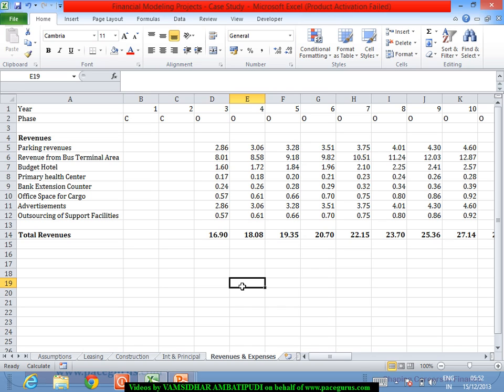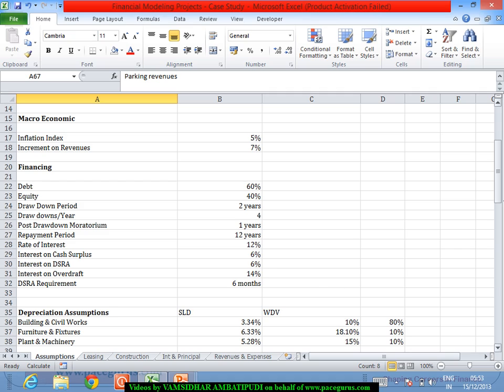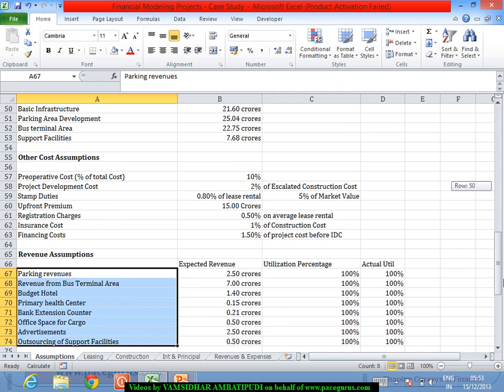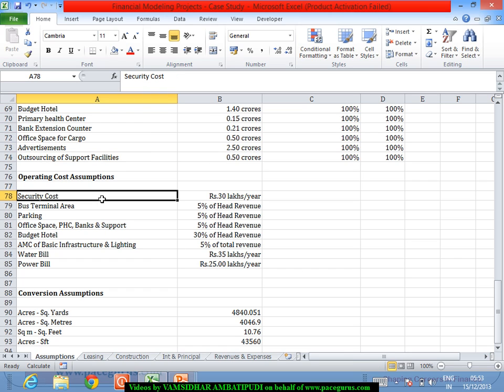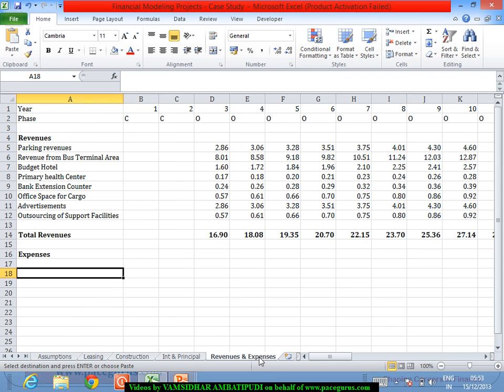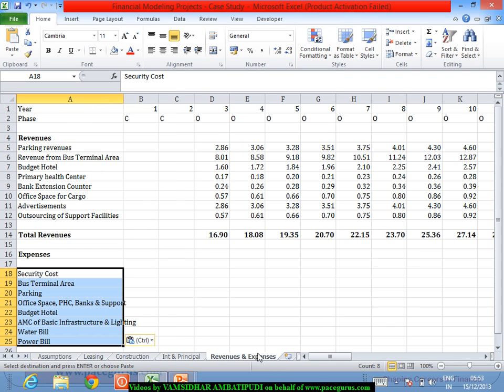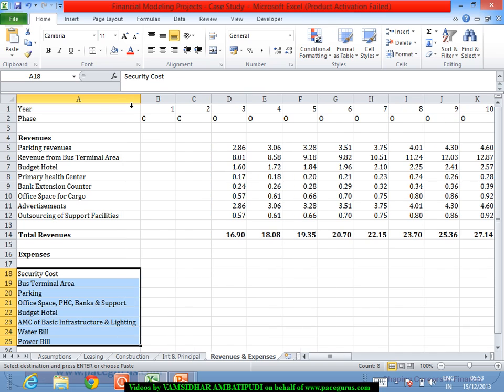Now the same way we can get into the expenses part, right? I can get into the handling of the expenses. Even the same scenario, we should look out in terms of the expenses. We are arriving at these being the various headings for our expenses to start with, right?